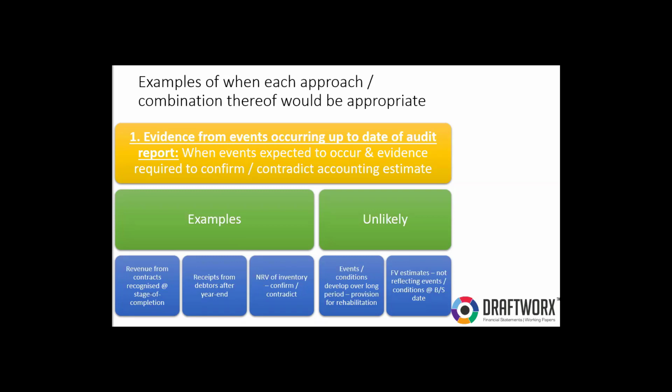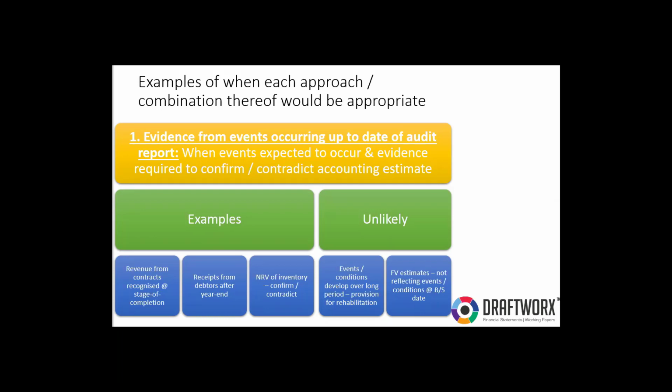All right. So examples of such estimates where this approach could be appropriate would be revenue from contracts recognized at the stage of completion, receipts from debtors after year end. That one sounds fairly logical, right? Where you also look at net realizable value of inventory to confirm or contradict that net realizable value estimate.